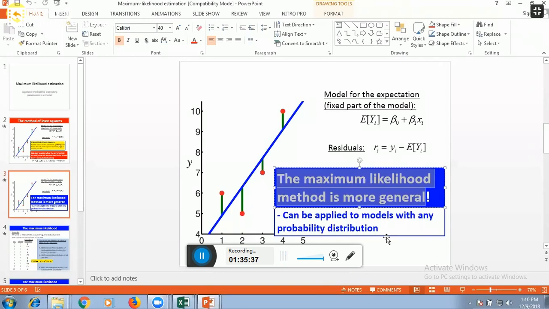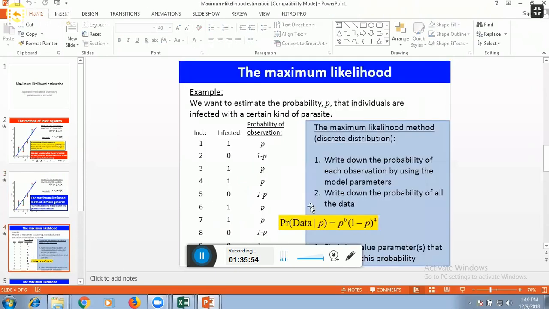It's a categorical variable. If it is categorical, y is not following a normal distribution, so you cannot use it. That's the place where MLE comes into the picture, right? So let's understand this one.